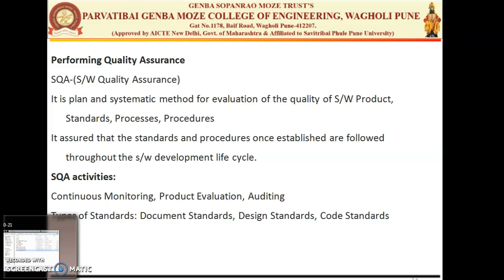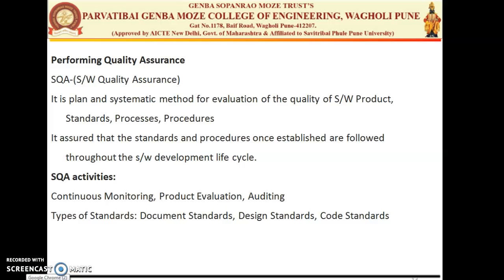So standards are nothing but the established criteria by which the software engineering products are compared, and the procedures are also established criteria by which the development process and different control processes are controlled.